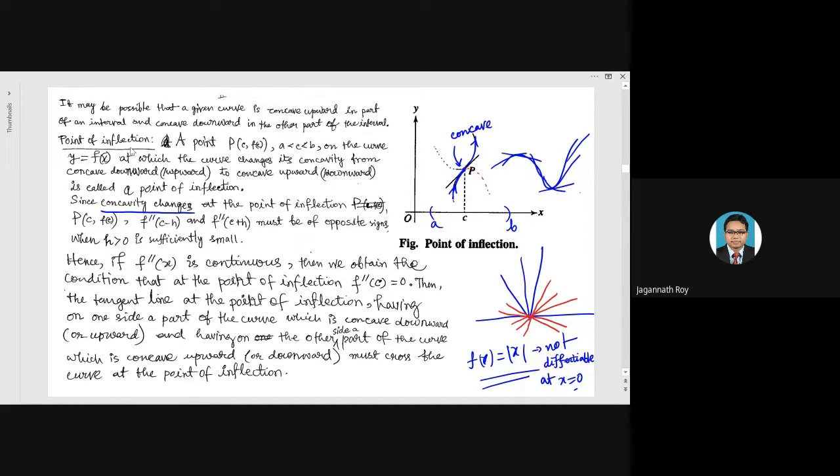This is concave upward, this is valley type, and this one will be concave downward.